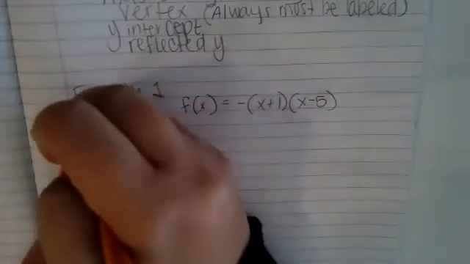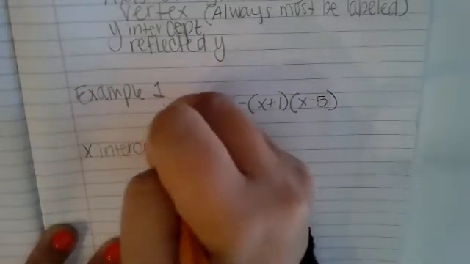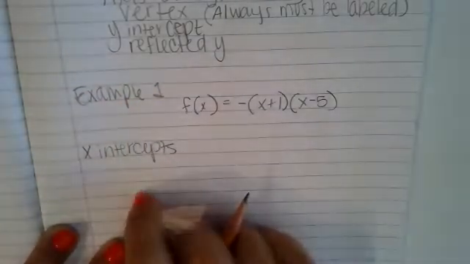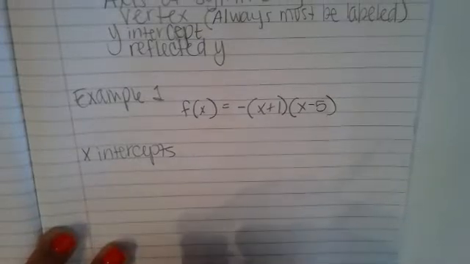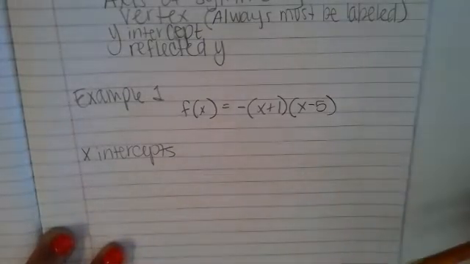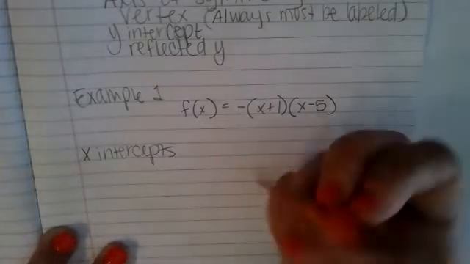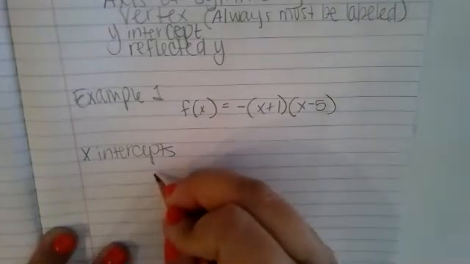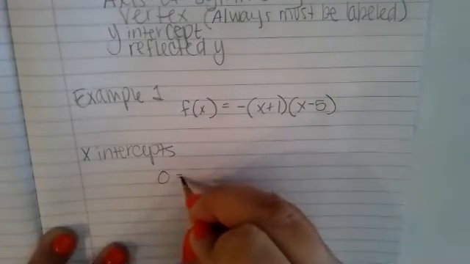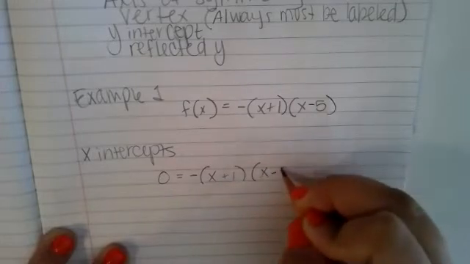The first thing is to solve for those X-intercepts. When we're solving for the X-intercepts, remember we are using the zero product property in order to figure out what the zeros are, which are the X-intercepts or the roots. So here I would have 0 is equal to negative times x plus 1 times x minus 5.